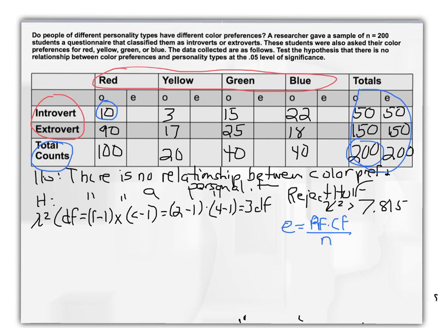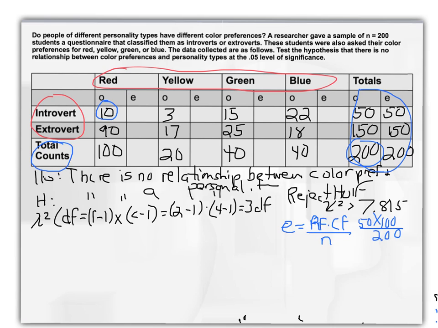Let's do that for the cell where introverts chose red. 10 chose red, but how many would we expect? Well, the row frequency for introverts is 50. The column total for that cell is 100. And we're going to divide that by the total number of people in our sample, which was 200.